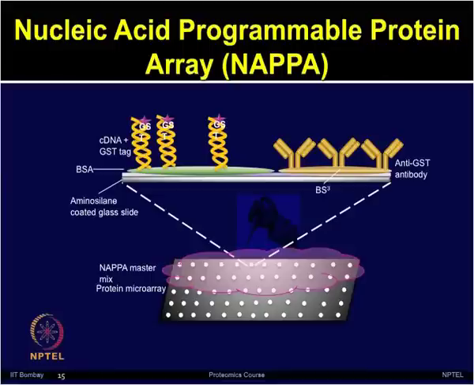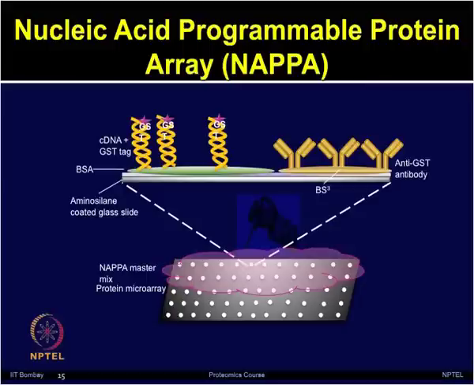Bovine serum albumin is added as a part of the master mix, which improves binding efficiency of cDNA, although the exact mechanism is not yet clear.